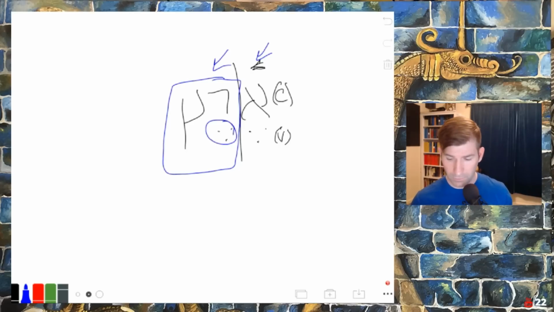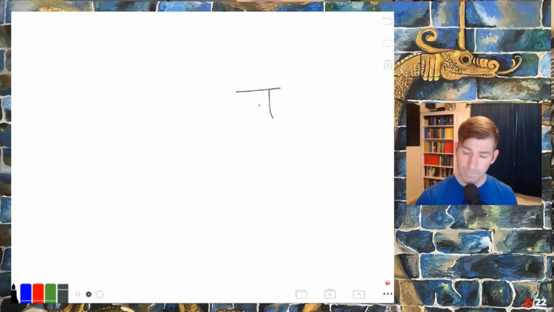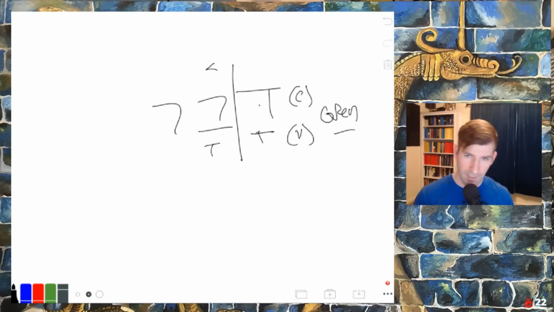Okay, now let's look at our other word, davar. It's here. So this is a consonant. This is a vowel. This is an open syllable, right? And we know the accent's here because it's at the end.